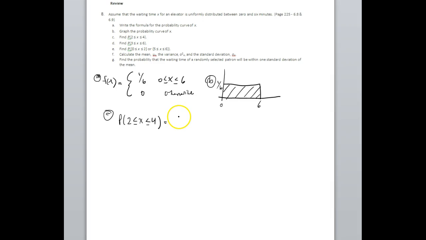So b minus a is going to be 4 minus 2 over d minus c, where d is 6, c is 0. We get 2 over 6, or 1/3, or 0.33333333, repeating.